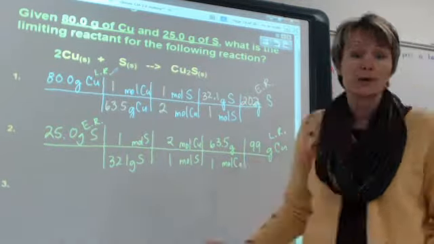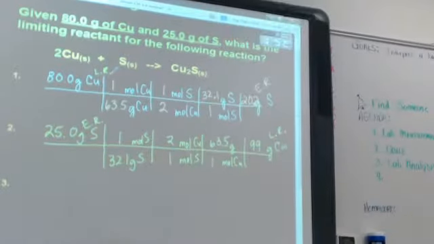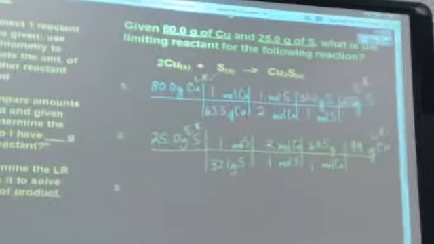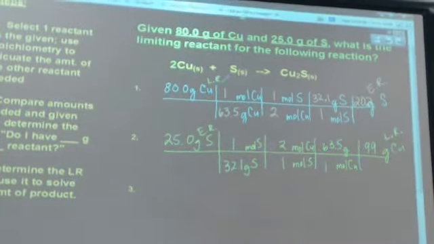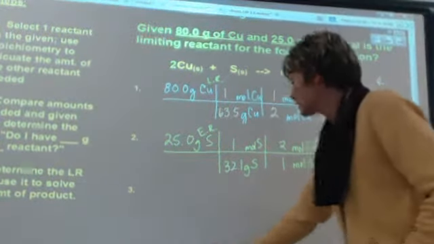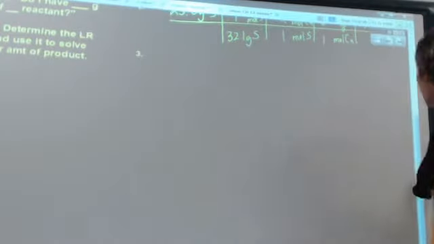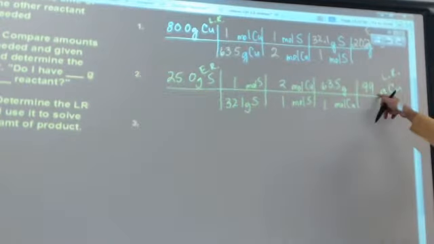Now getting back to our problem solving, it said that the third step was this: determine the limiting reactant, which we did, and use it to solve for the amount of product. Well, I know that copper is my limiting reactant. And I'm not going to use the 99 grams of copper that I just solved for, because I don't have that much.